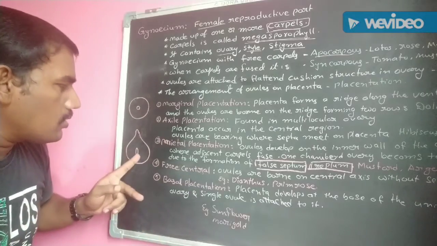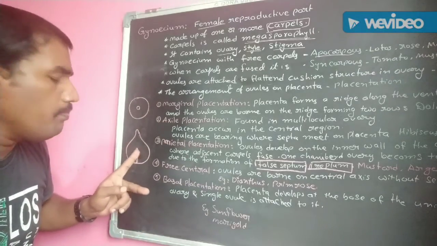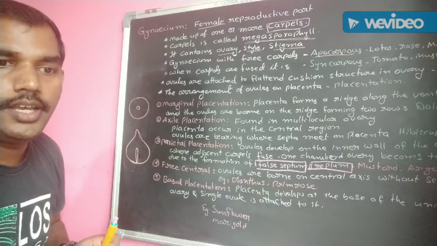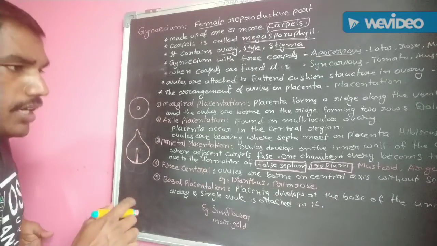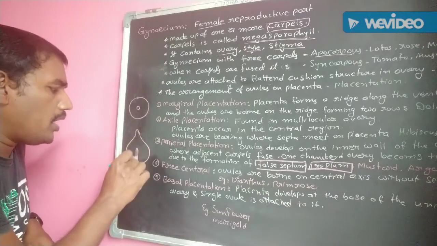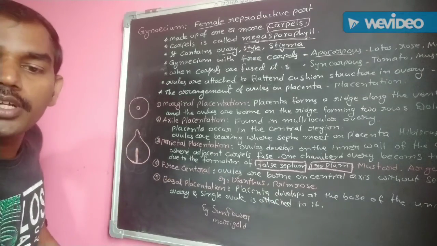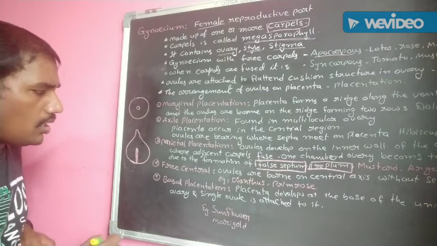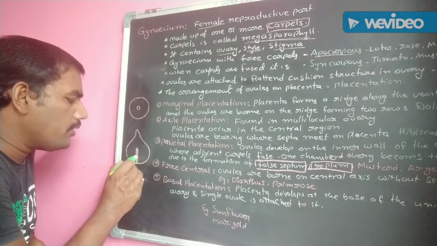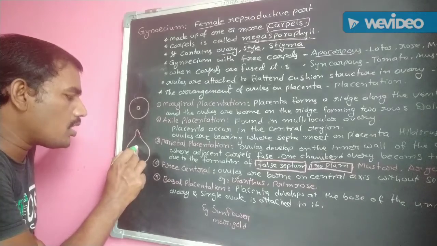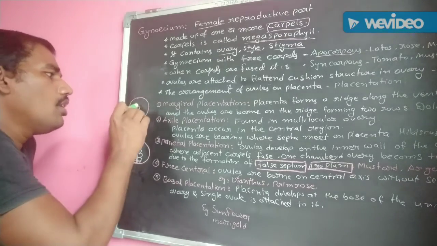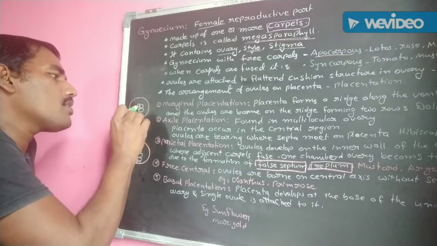But here the ovary is not completely separated into carpels. Hence it is central, and no septa are formed. The ovules are borne on this placenta without septa.